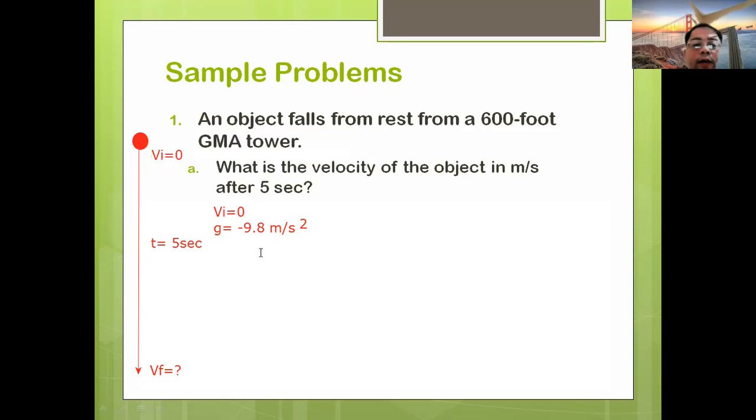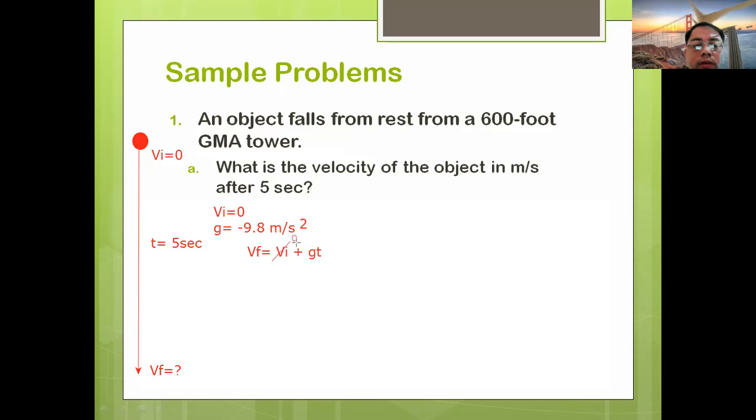Now, if we find this, then the equation that we'll be applying is V sub F equals V sub I plus GT. So this is our working equation. V sub F equals V sub I plus GT. Again, V sub I will simply be equal to 0, since it's falling down.